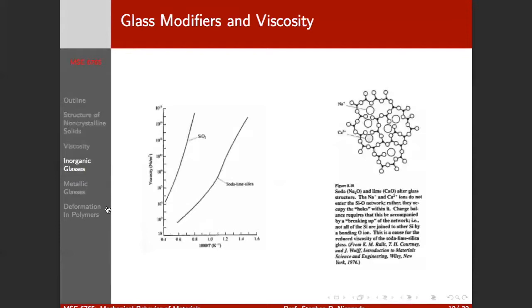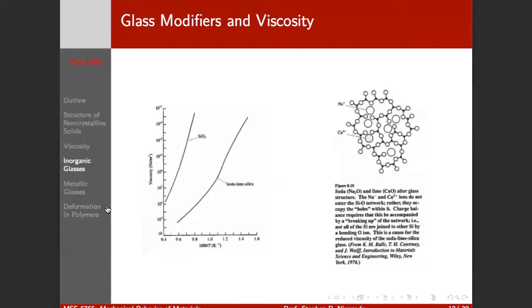They don't make covalent bonds with this silicate structure. They sit in the rings, sit in the holes, and disrupt the structure. And just conceptually, you can see that we're adding a significant free volume to our structure here. Of course, now we've got the added complication of charge. But by increasing the free volume, we have a significant decrease in the viscosity.